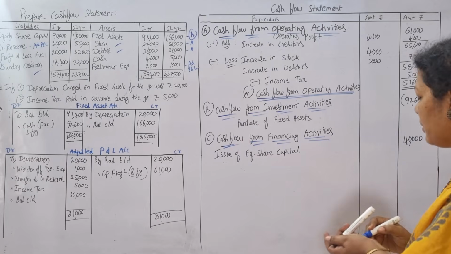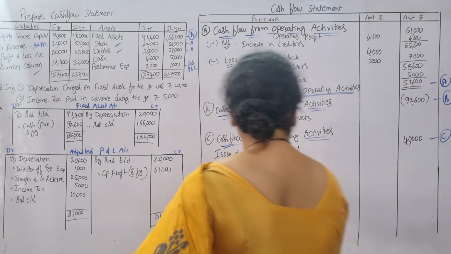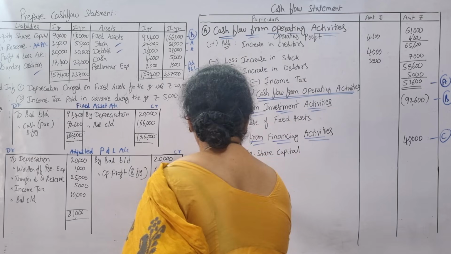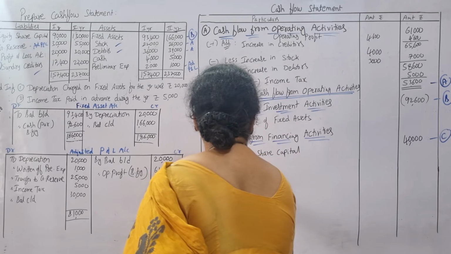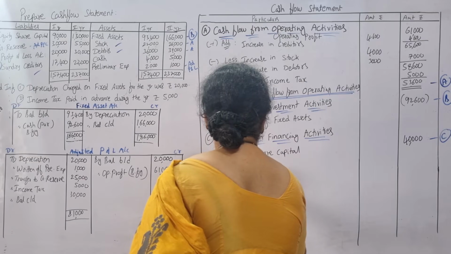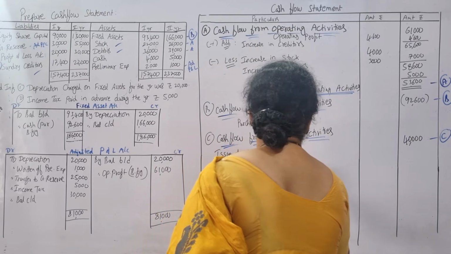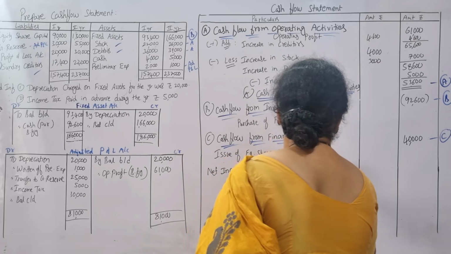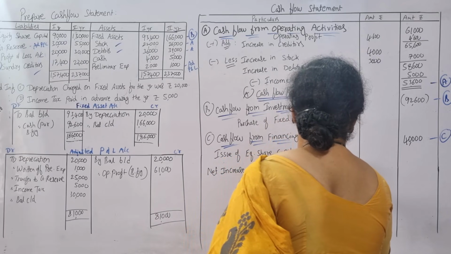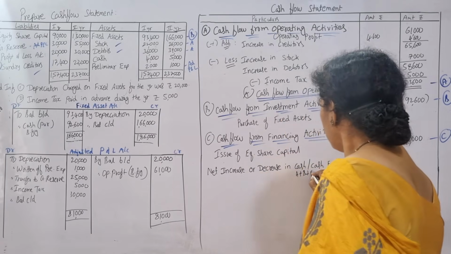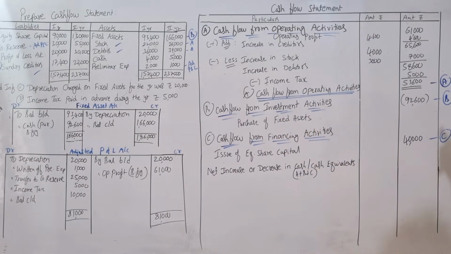Now all the items are over. Now what to do? Net increase or decrease in cash or cash equivalents, which means A plus B plus C. If you see, this is a minus value, and these two are plus values.